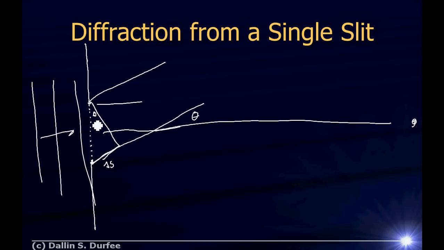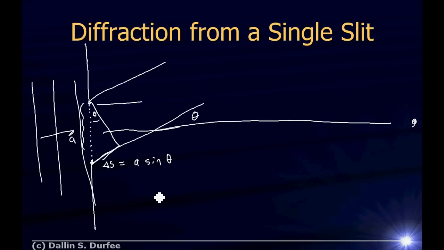If I look at the contribution of light from just the very bottom of the slit and compare that to the contribution from the very top, they travel a different distance. The difference in their path is, once again, if I call the size of my slit A, just A sine theta.